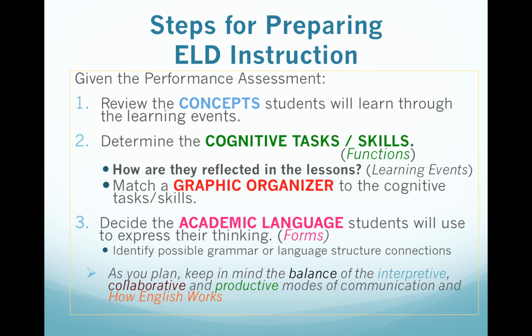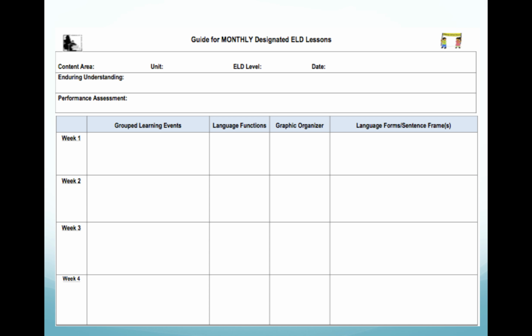Okay, so here are the steps. I've sent this out on a separate page also, so you can have the page in front of you. But for the next part, I'm going to show you how to do this. We introduced this last year, and it was requested that we share this again to further develop our understanding of how to develop lessons for ELD. The first thing you want to do is fill out those components you already know.